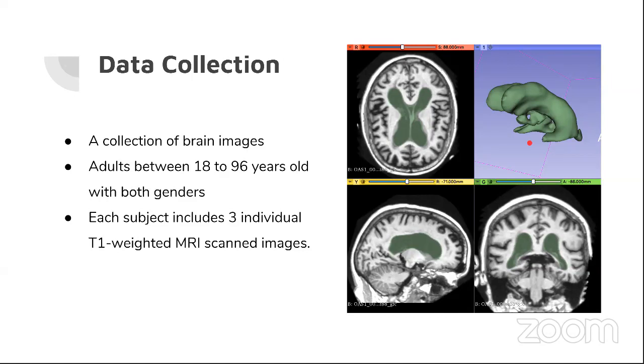So for this purpose, we segmented out the 3D images of ventricles from the images of the whole brains by using a software called 3D Slicer. As you can see in the picture here, it shows the image of ventricle that we segmented out from the whole brain in 3D Slicer.